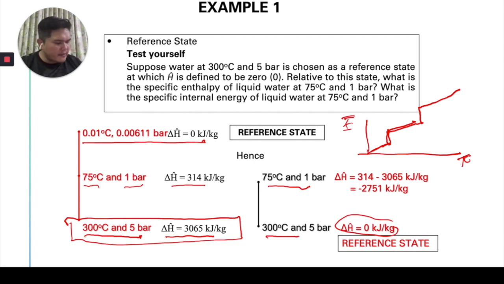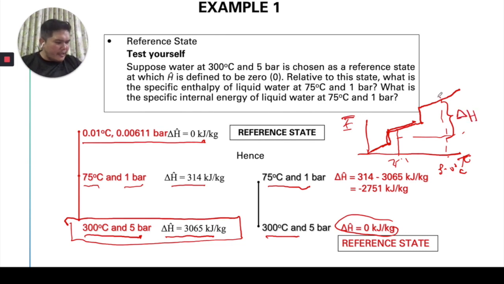But right now, you were given that, let's say this is 300 degrees Celsius, and let's say this is 5 bar, but you want to measure the enthalpy at 75 degrees Celsius. So you want to calculate what the enthalpy change, delta H, will be here.